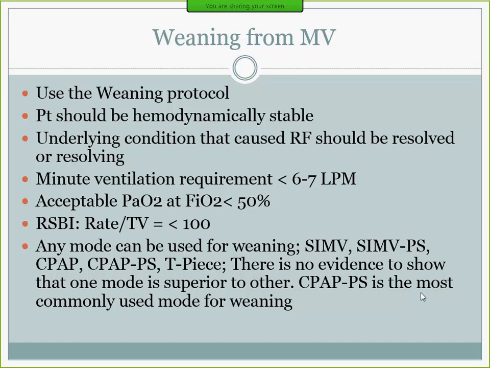So the goal is to not control the patient completely at any point in time. Let the patient trigger the machine at all times. So that is one goal. If you allow the patient to trigger, they will not develop this level of weakness that they would if you keep them sedated and paralyzed at all times. So don't oversedate them. So we have a sedation protocol in place. So we should do a spontaneous breathing trial.